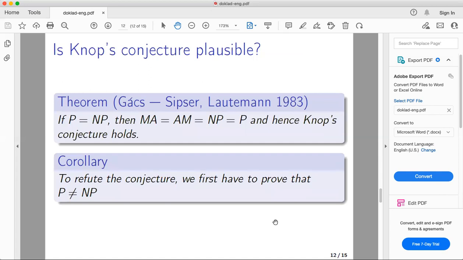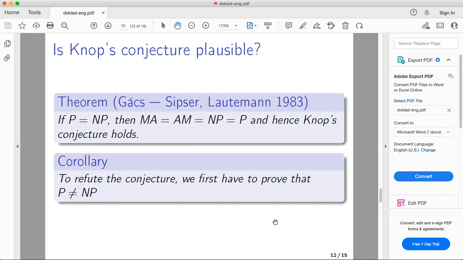So can we refute Knop's conjecture? And it turns out that we can't do it using relativizable techniques. It's very hard to do it because of the following theorem by Gács, Sipser, and Lautemann. They showed that if P equals NP, then all the classes MA, AM, and P are identical.